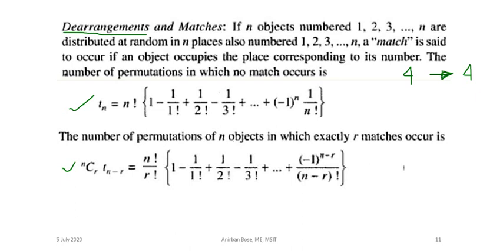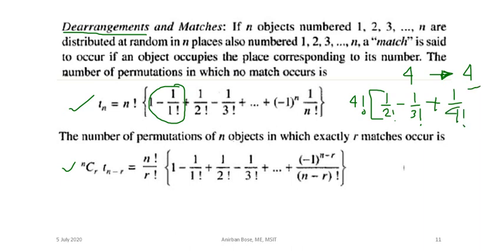To find that, we simply use the formula: 4 factorial, then the first 2 terms do not produce anything, so we start with 1 by 2 factorial, and go up to 4 factorial with alternating plus and minus: minus 1 by 3 factorial plus 1 by 4 factorial, and we stop.